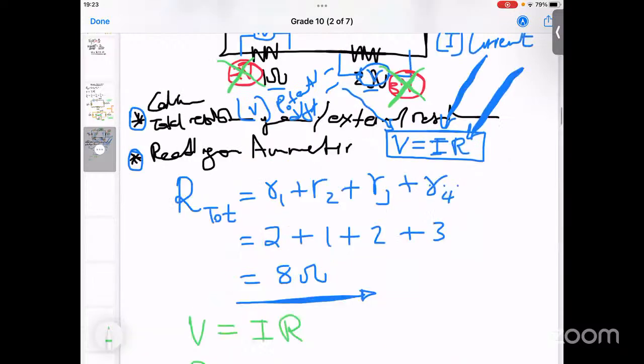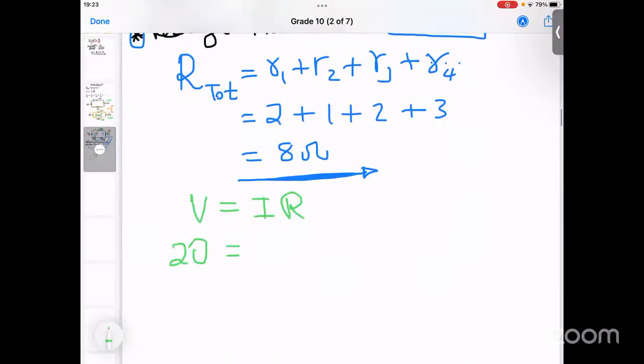So it is the I that we are looking for. What is our total R? We just calculated it is 8. Then that means to calculate I, you just divide everything by 8. Why did you divide by 8? So that this cancels with that, and then you just remain with your I, which is what you're looking for.